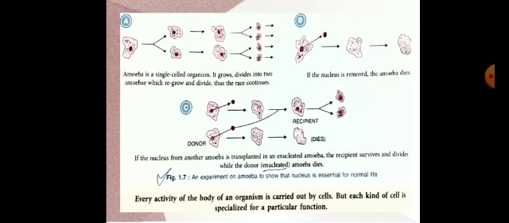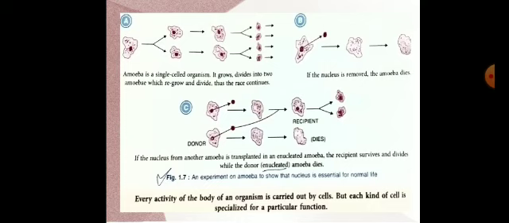From one amoeba, during cell division, it splits into two, and then further division goes on, like you can see in the first picture. It grows, divides into two, and regrows after the splitting of nucleus and cytoplasm. After equal distribution of both cytoplasm and nucleus, they divide, and the race of the amoeba continues.